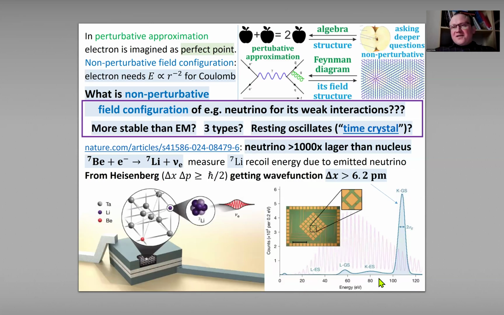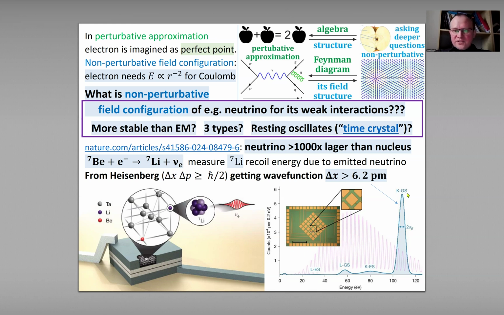Besides, there are many more particles. For example, the neutrino was always thought of as a perfect point. However, recently there was an experiment showing that the neutrino is like 1,000 times larger than the nucleus, 6.2 picometers, by looking at electron capture of beryllium-7: it captures an electron, transforms into lithium-7, and produces a neutrino.